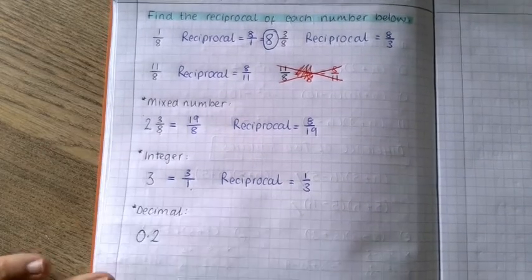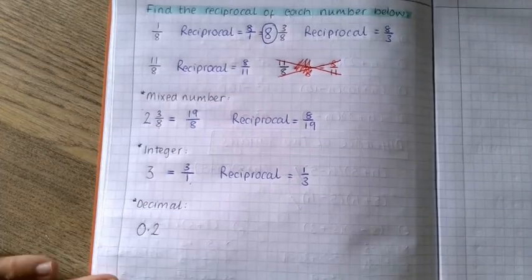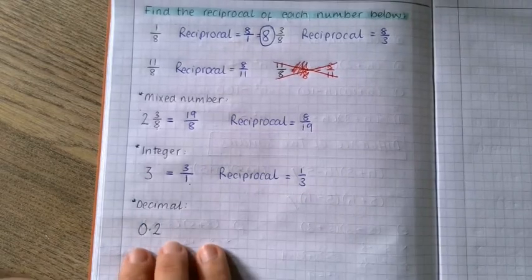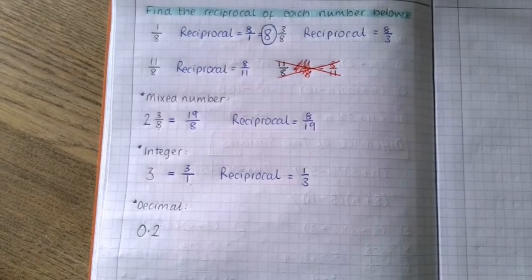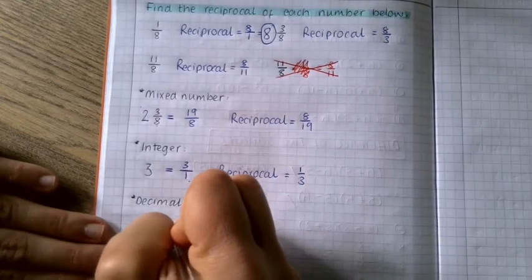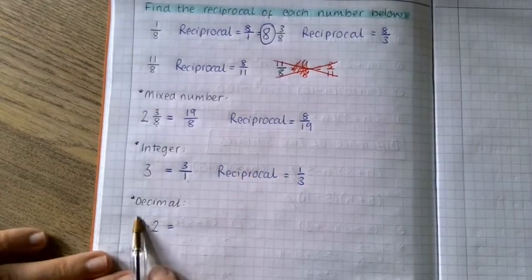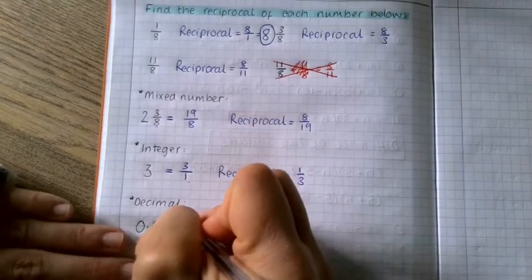With decimals, we need to change them into fractions first. Now, for 0.2, you might know immediately what fraction this is, but I'm going to show you how to go just from the decimal itself. So I'm going to do the same thing that I did here. I'm going to put this over 1 to start with.